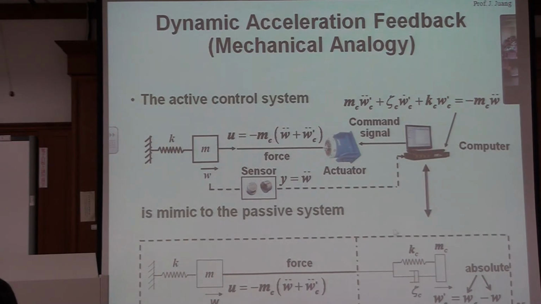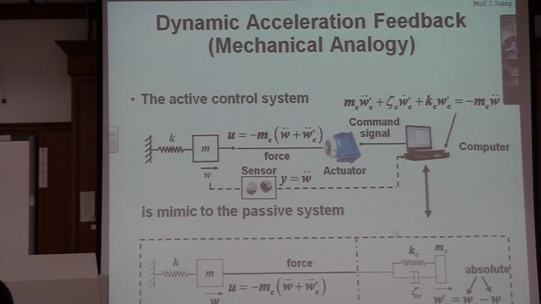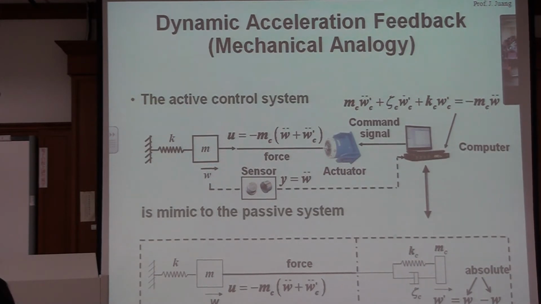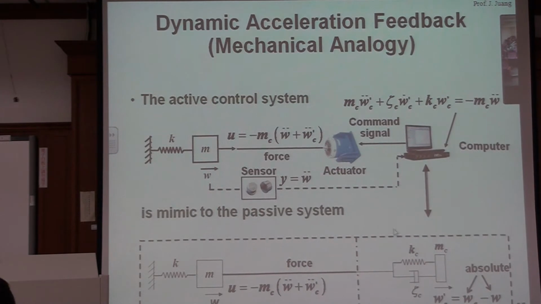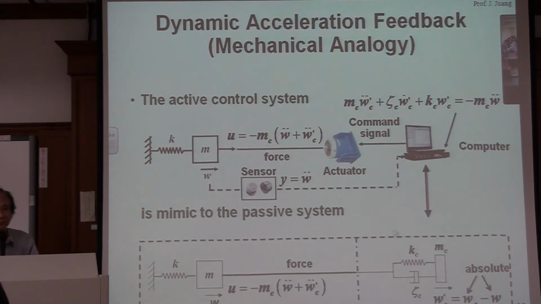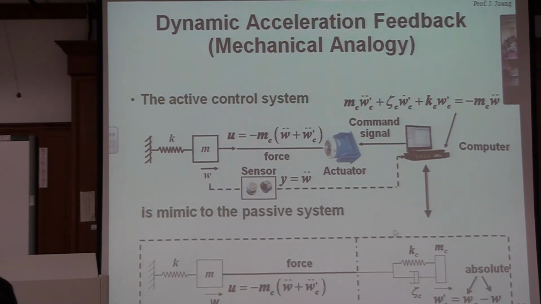For the acceleration feedback, then what we have is our measurements here, W, and here we have WC, right?